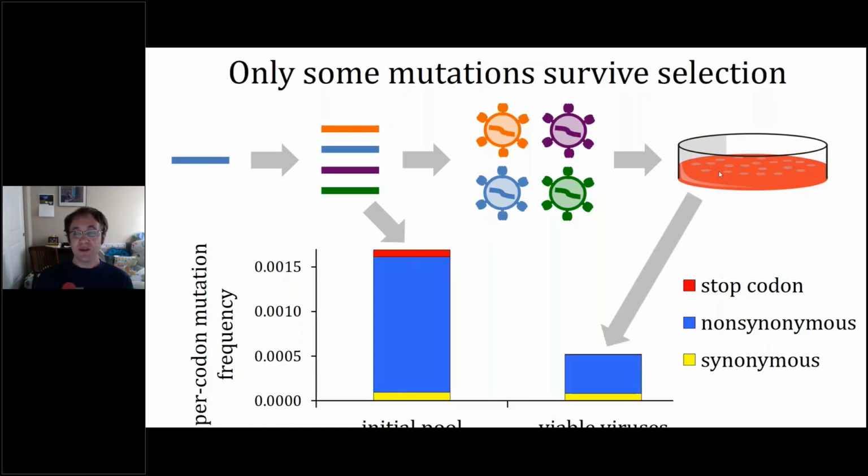But when we sequence the viruses that are able to replicate, we see that many of these mutations have been purged by selection. As you might expect, the synonymous mutations are often neutral with respect to viral replication, so they don't change in frequency all that much. The stop codon mutations are almost uniformly deleterious, so they go away. Some, but not all, of the non-synonymous or amino acid mutations are purged.